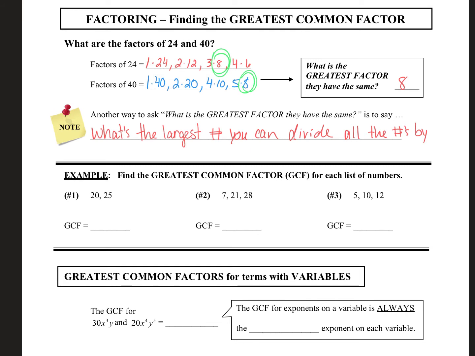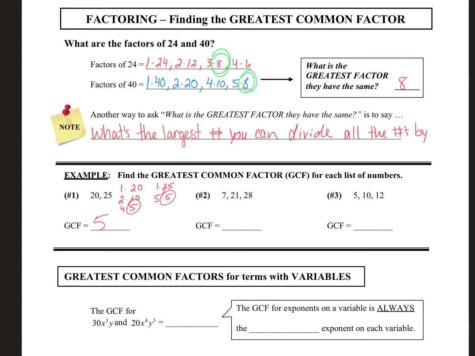The factors of 20 would be 1 and 20, 2 and 10, 3 doesn't go into it, 4 and 5, and that's all we have. Let's look at the factors of 25. We have 1 and 25 and 5 and 5. So the greatest common factor, the biggest number that these two lists have in common, is 5. So the GCF is 5.